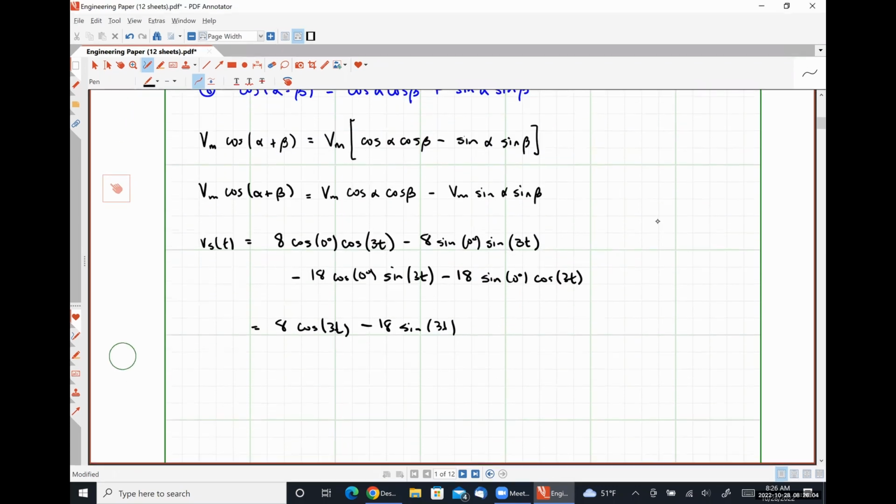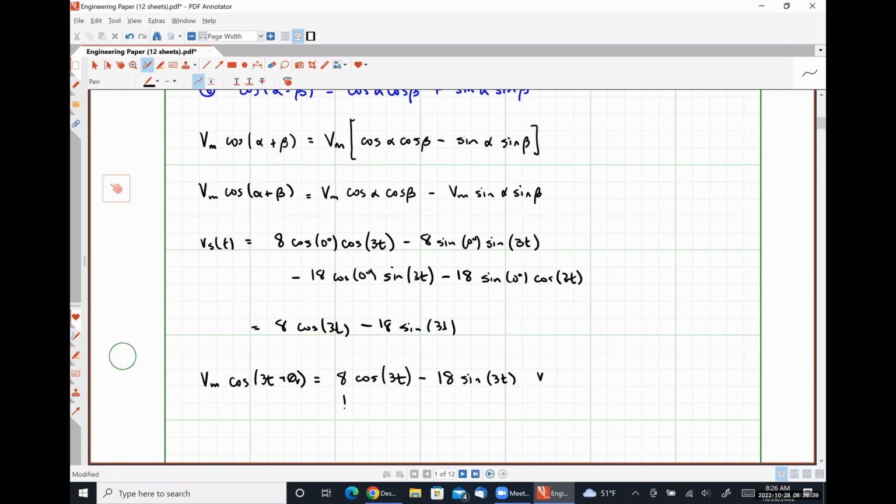So let's just write it down over here. Vm cosine of alpha plus beta, or in this case, 3t plus some phase angle theta v, is going to be equal to 8 cosine 3t minus 18 sine 3t volts.